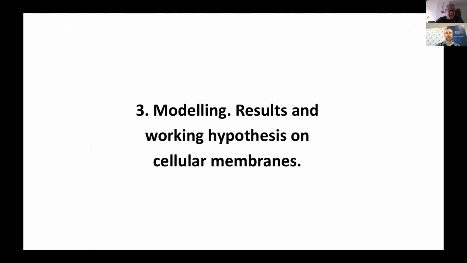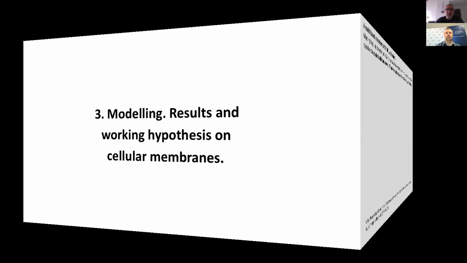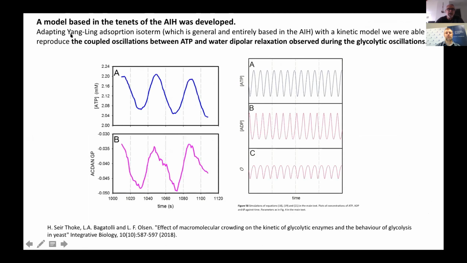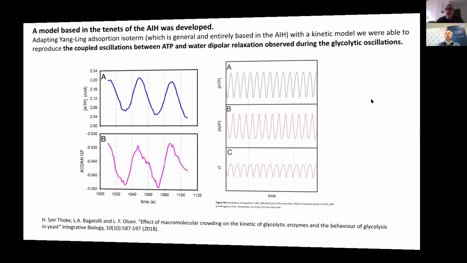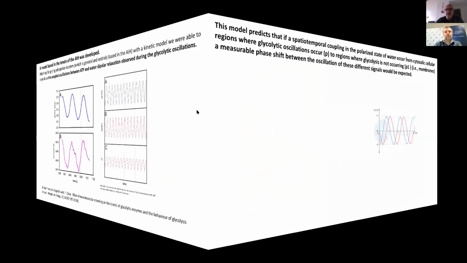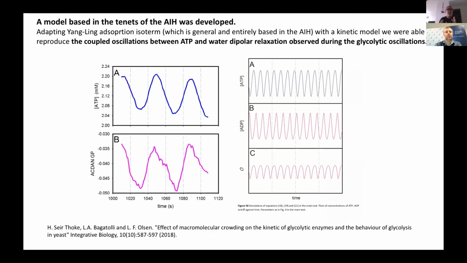Well, we did some mathematical modeling of this. We basically combine what is called the Ling adsorption isotherm, which is general and entirely based on the association-induction hypothesis, and some sort of kinetics models, to try to reproduce these oscillations between the polarization of water, or dipolar rotational relaxation of water, we observe in these experiments with the glycolytic oscillation, and we succeeded in doing that.